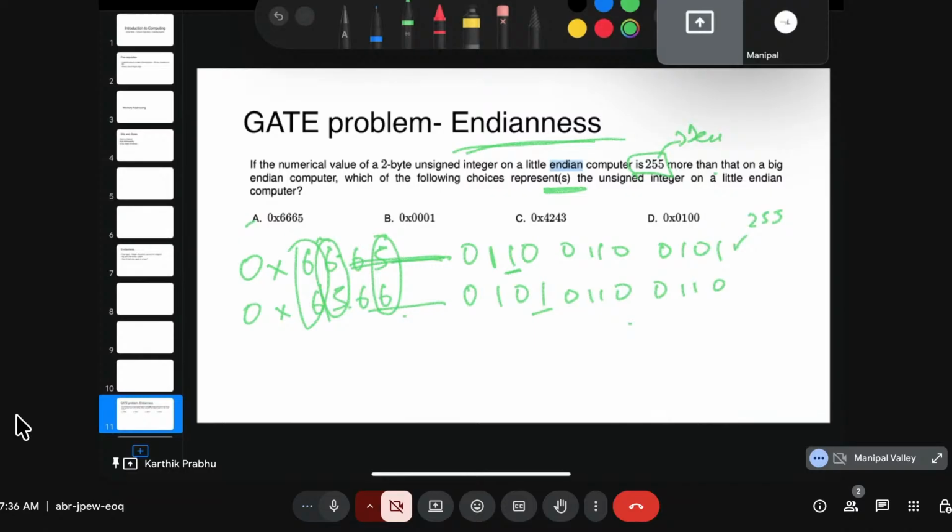So this hexadecimal is representing how many bytes? 2 bytes, right? This 66 and this 65, out of which 4 bits we have already ignored. 2 bytes is 16 bits. So we've ignored 2 power 15, 2 power 14, 2 power 13, 2 power 12, and 2 power 11, 2 power 10, 2 power 9.